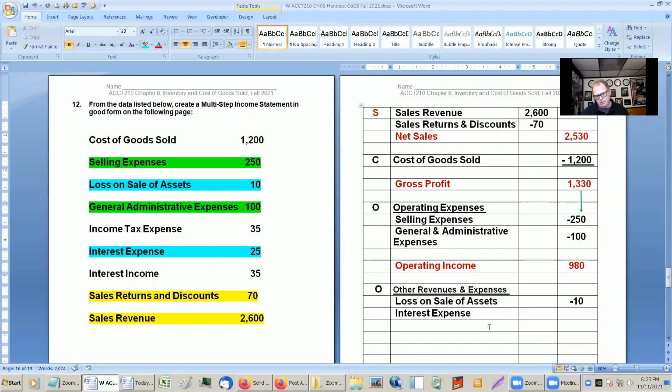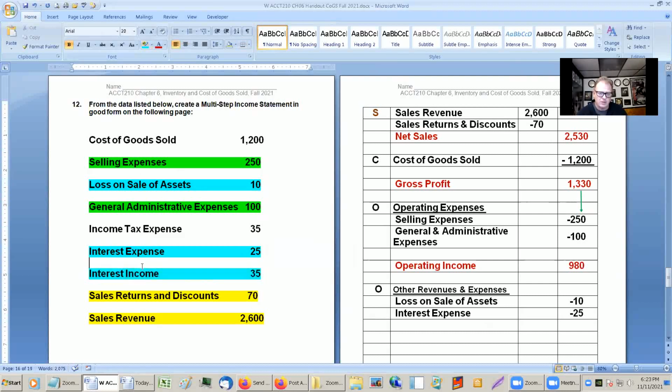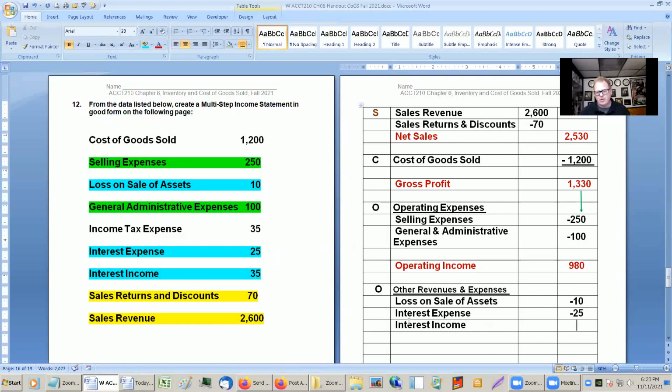It's an expense, so it should be negative, because it's going out. Now this next one, interest income, would be positive. The terminology is interest revenue, but anyway, it's the same thing. Interest income, this will be positive.